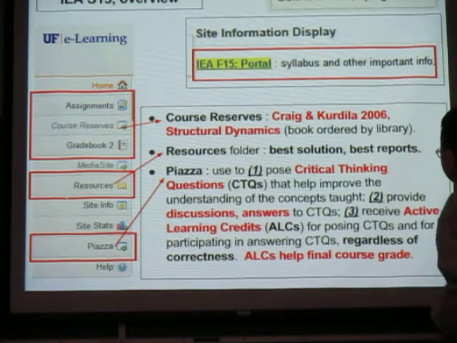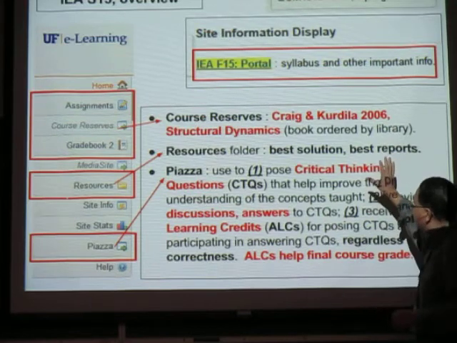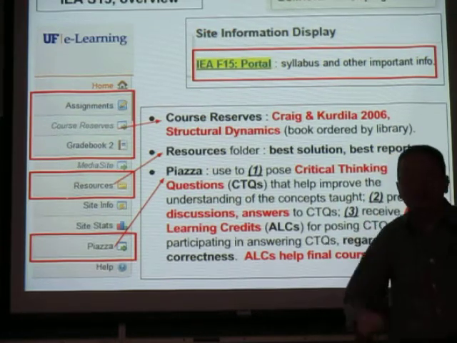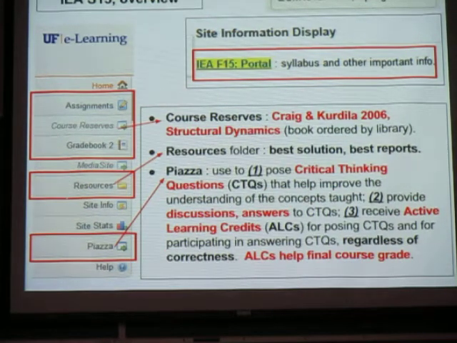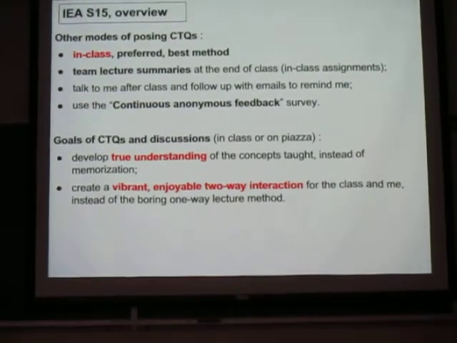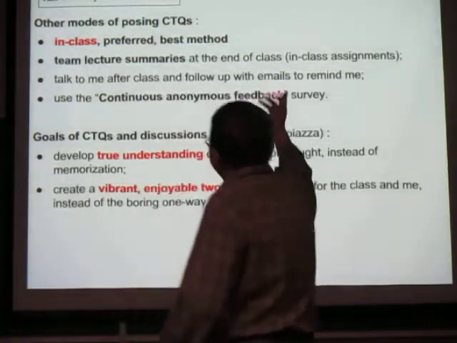So use Piazza to pose critical thinking questions, discuss answers, and receive active learning credits. But there are other modes of posing critical thinking questions as well. In class is the preferred mode. I prefer that because that's lively, it's interactive, and that's the best method, I think.